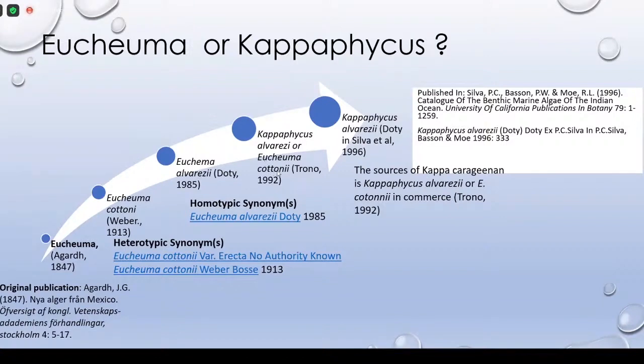Euchema cottoni is generally used by farmers for economic purposes. And until now, the name has changed to Kappaphycus alvarezii, because of the source of Kappa carrageenan type in Euchema cottoni. So Euchema cottoni is a commercial name.